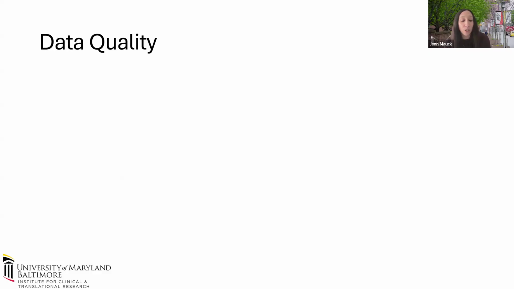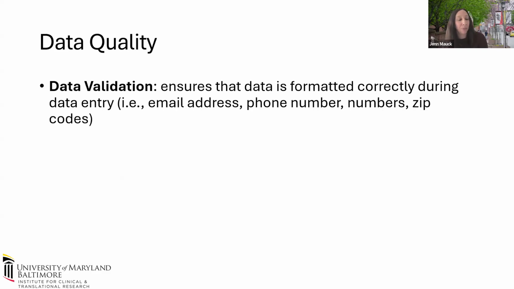REDCap includes several built-in tools to help improve accuracy and consistency during data entry. Data validation ensures that values are entered in the correct format. This helps prevent common errors such as incorrectly formatted email addresses, phone numbers, zip codes, and numeric fields.